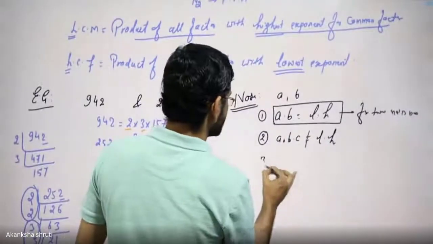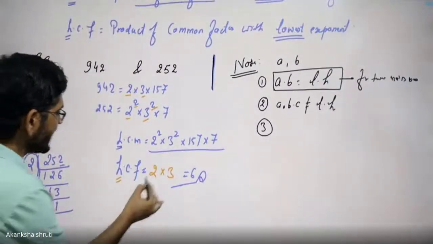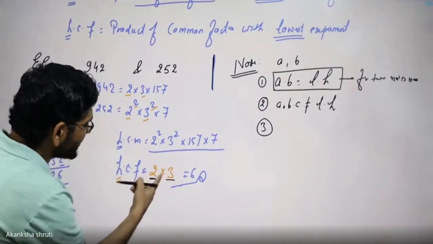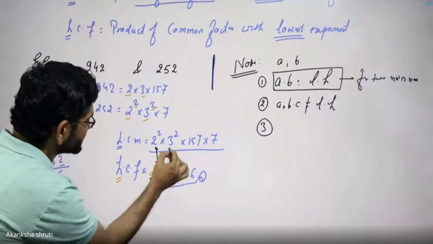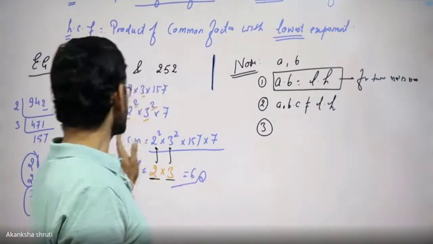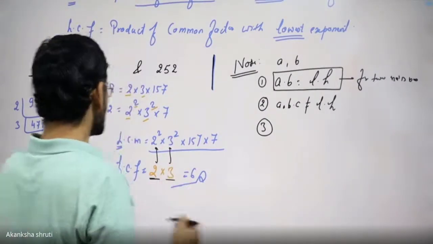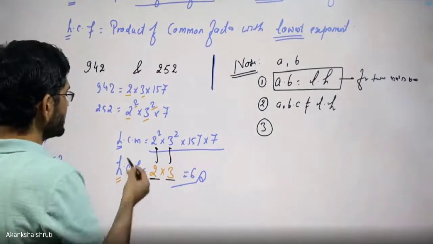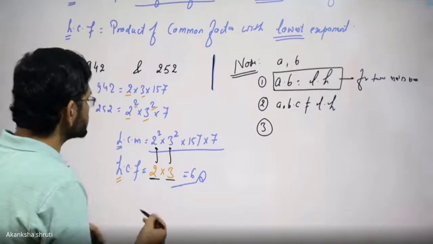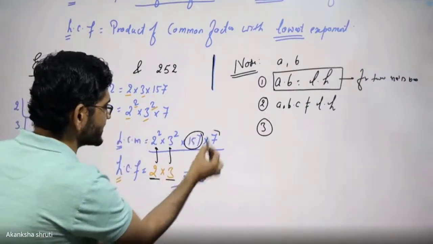Next thing is, here you are observing that in HCF, whatever factors are present, these factors are also present in their LCM. So HCF contains all the factors which are present in LCM. So students, keep in mind, HCF contains only those factors which are surely present in LCM, though in LCM the other factors like these and these are also present.